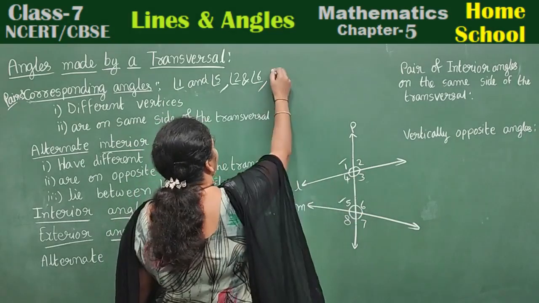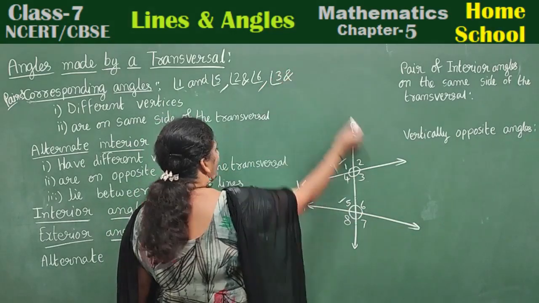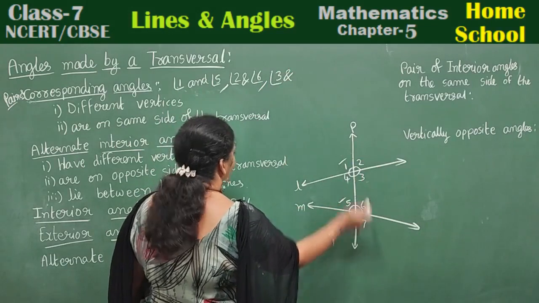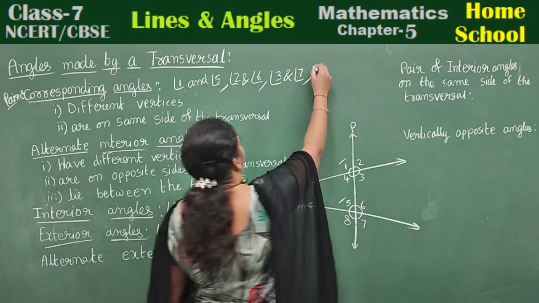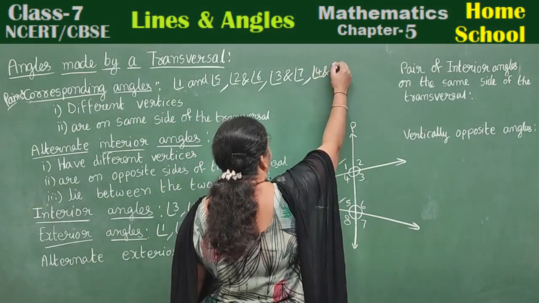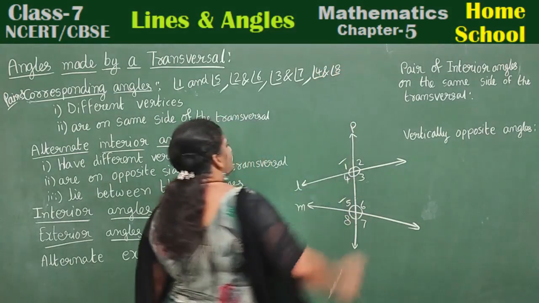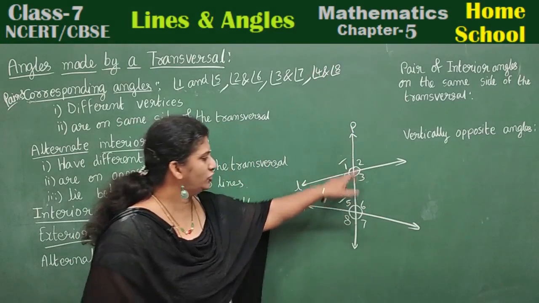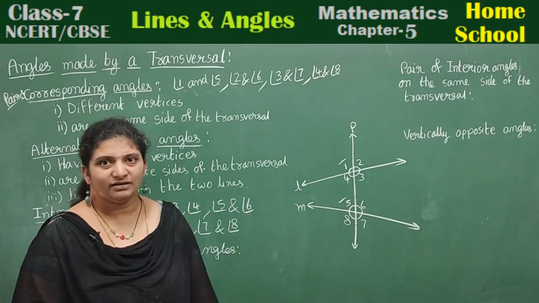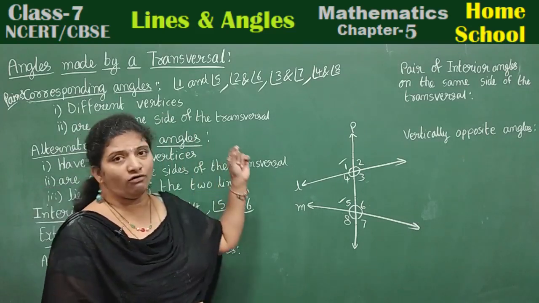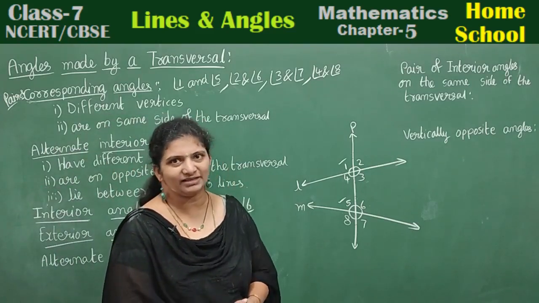Next, angle 3 corresponding to angle 7, comma. Angle 4 corresponding to angle 8. 1, 5, 2, 6, 3, 7, 4, 8. These are the pairs of corresponding angles.